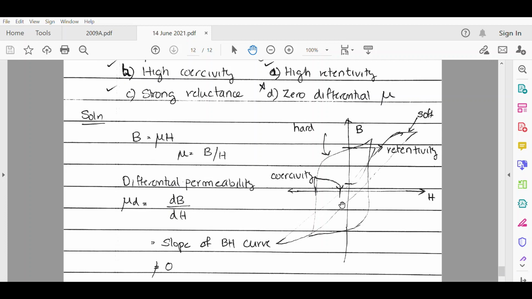Now from the figure itself we can make out that the slope of the BH curve is not equal to 0, so this option is not correct.